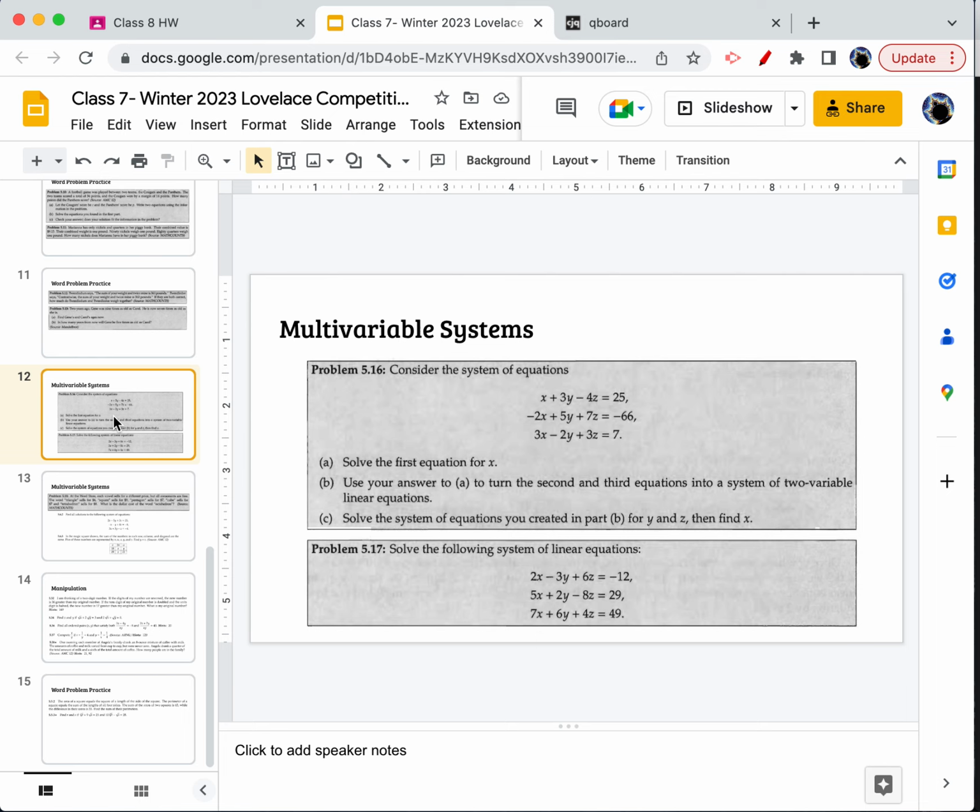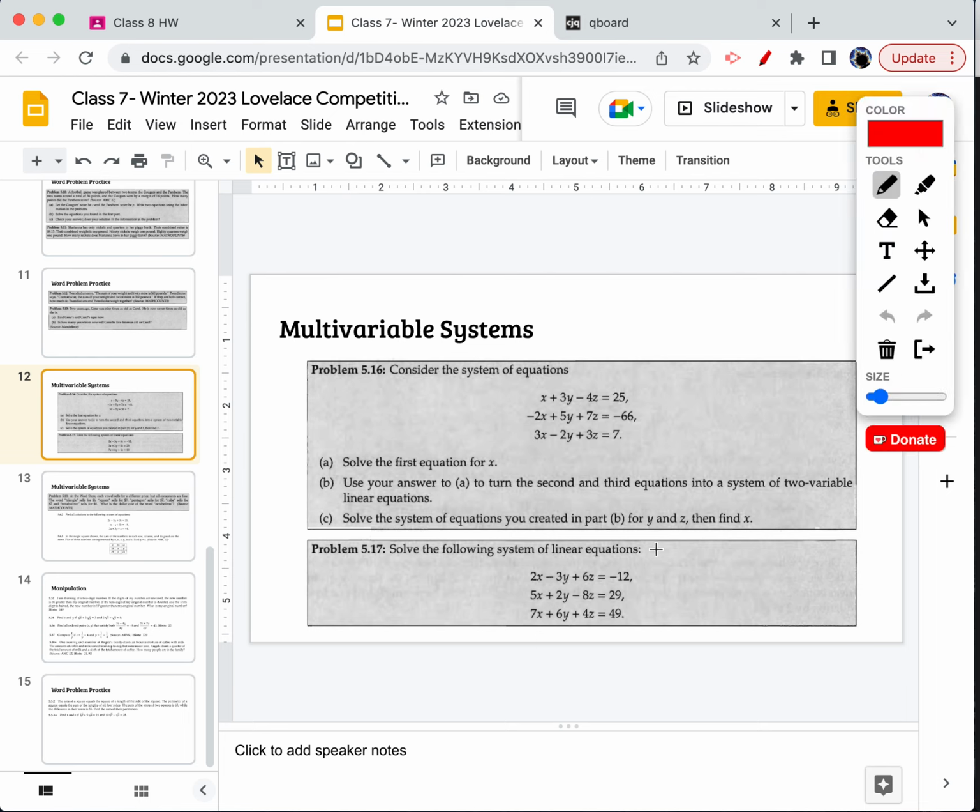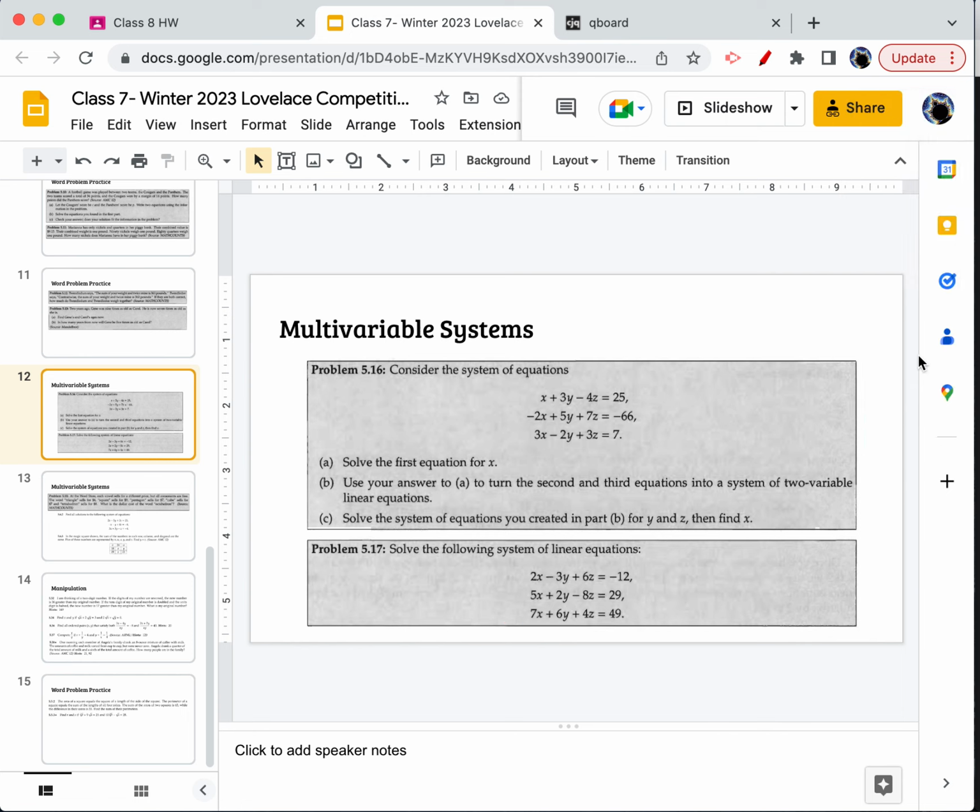I'll give you guys a few minutes to solve this equation completely from scratch, and then I'll go over it.